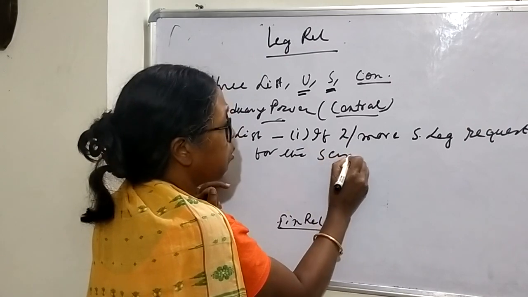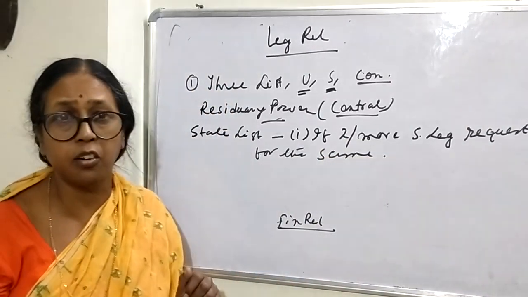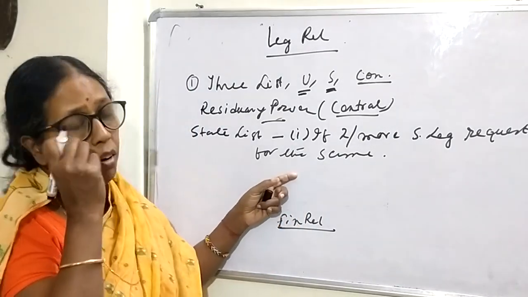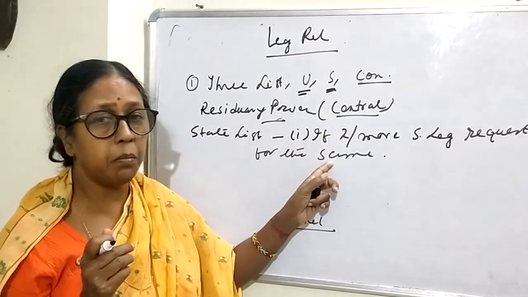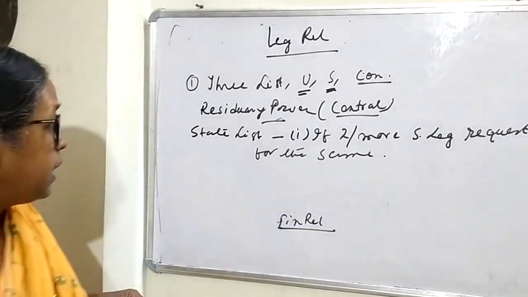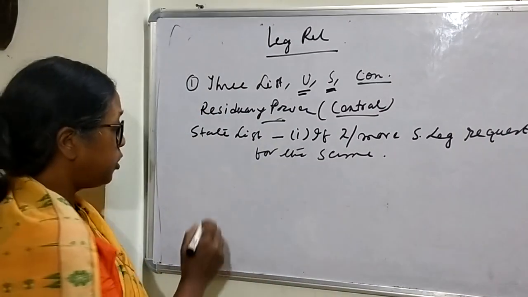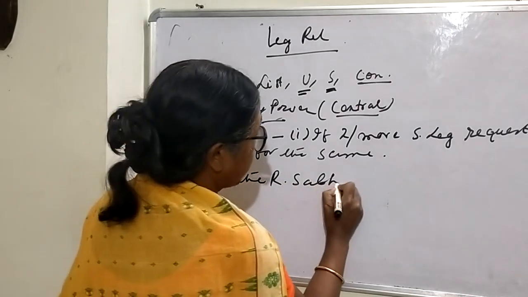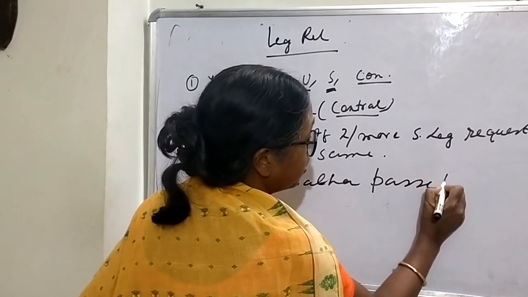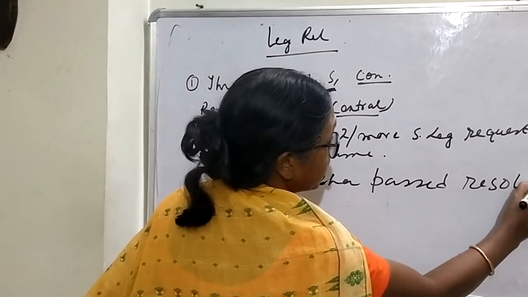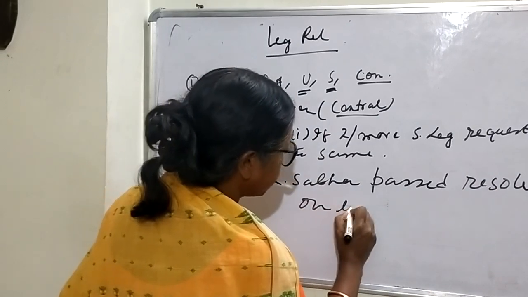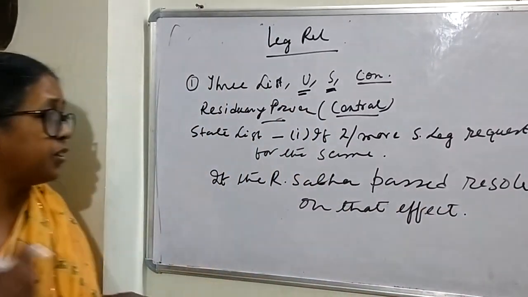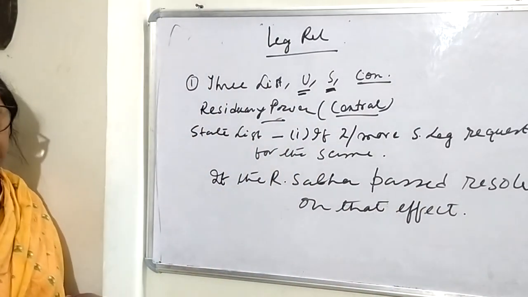That means if two or more legislative assemblies request the central government to frame laws on the state subject, then the central parliament can frame laws on the state subject. Secondly, if the Rajya Sabha passes a resolution to that effect, then also the central parliament can frame laws on the state subject.